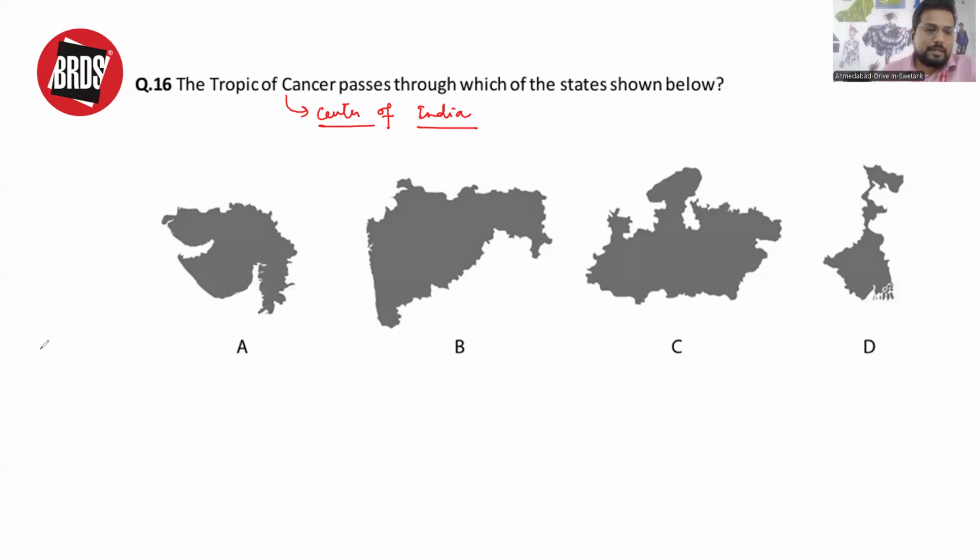So if we follow that, we can mark the answer as Gujarat, Madhya Pradesh, and West Bengal.